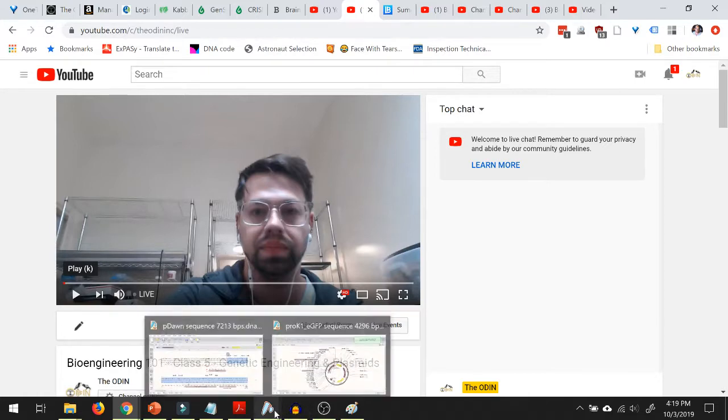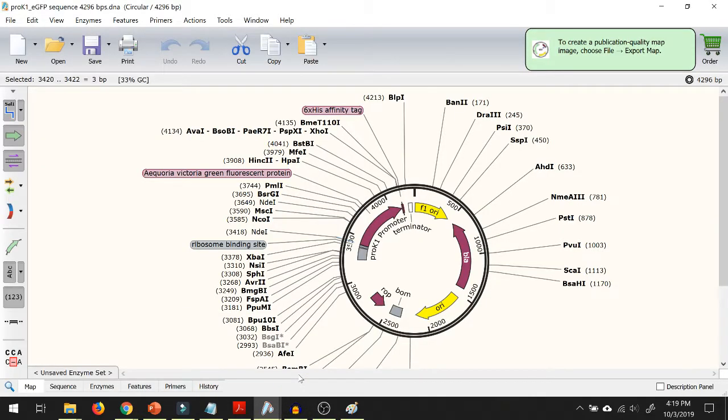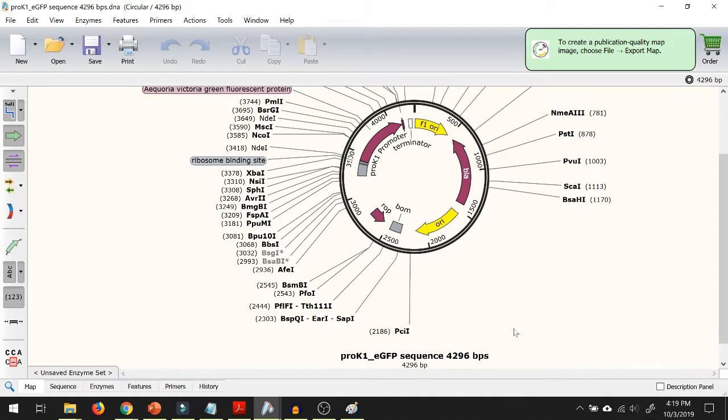Let's go back to SnapGene. All right. So we got our DNA sequence right here. We got our plasmid map. So really the major thing that you are going to be interested in, the backbone that you're going to care about, is the antibiotic resistance gene. What is the antibiotic resistance gene?